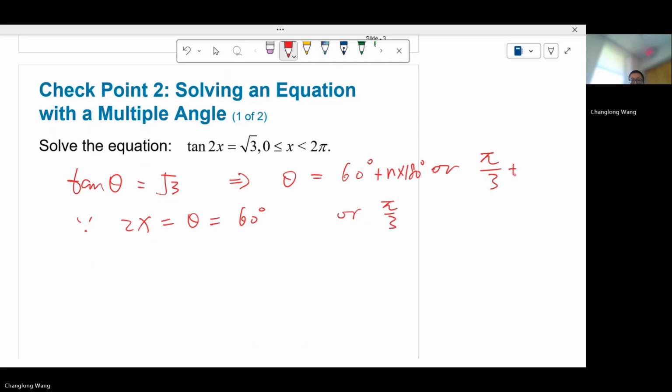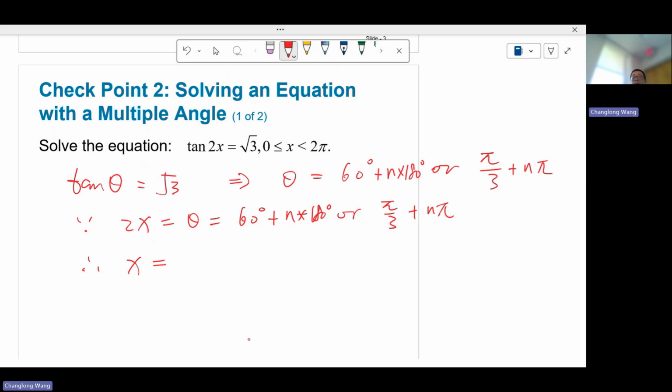Or I'll add n pi, right, if it's in radians. So now you see that I'm including all the possible angles, right? So 2x could be 60 plus n times 180, or pi over 3 plus n pi. But what will be the corresponding x? That's what I'm looking for.